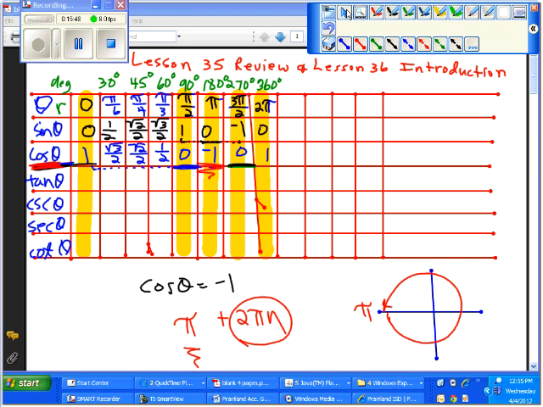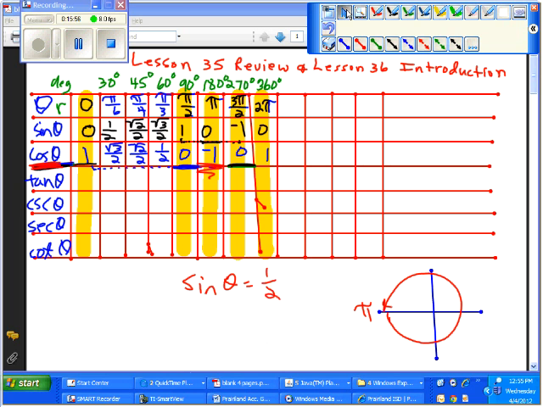Let's say that I said, where is sine? I want the set of all places that sine theta is a half. This one's harder. Now, first of all, we got to think, sine of what is a half? Sine of what is a half? Pi over 6.